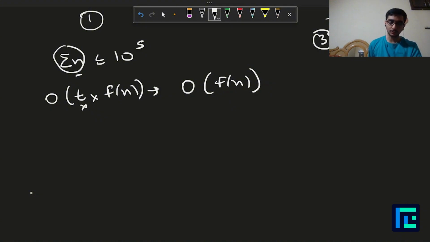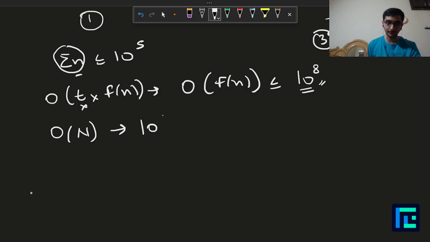We also know that in 1 second on Codeforces, we can run about 10^8 elementary operations. So that would be our operation limit. If I run an algorithm in O of n time complexity, that would take around 10^5 operations.